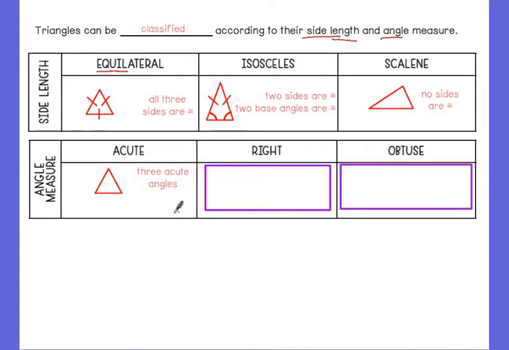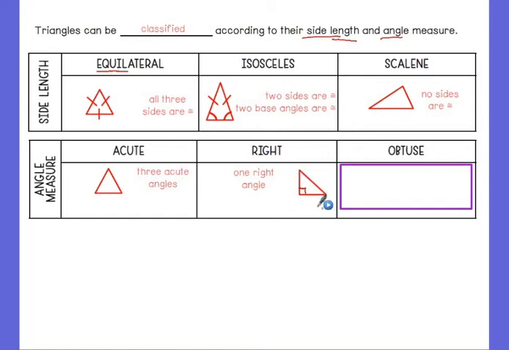A right triangle obviously is going to be a triangle that has a right angle, and the other two would then have to be acute. Because remember, the angles of a triangle can't add up past 180. They all equal 180.